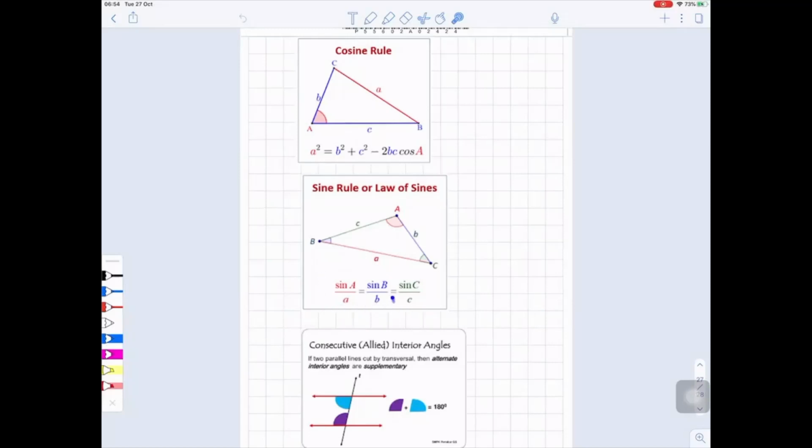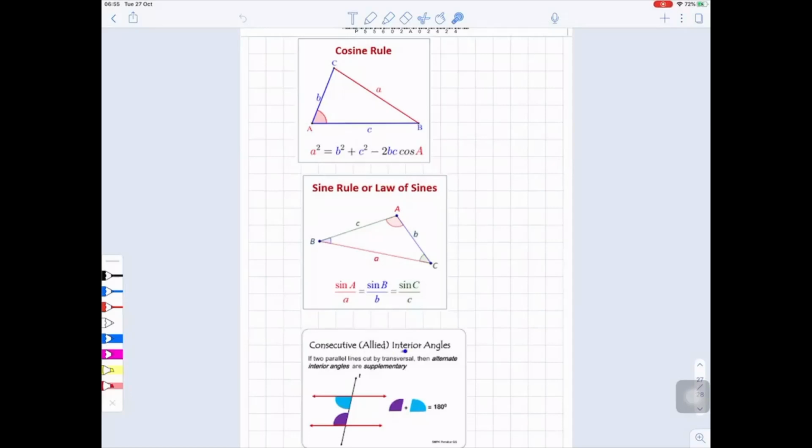You can choose sine A over a equals sine B over b, or sine B over b equals sine C over c, or sine A over a equals sine C over c. Choose any pair of them and then apply it to the third one.